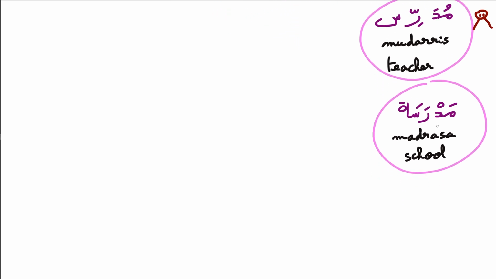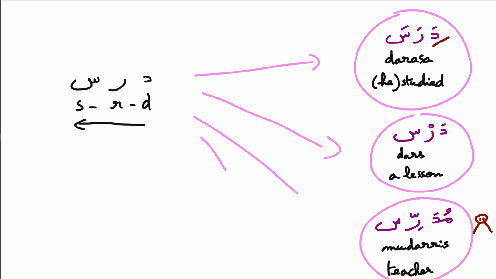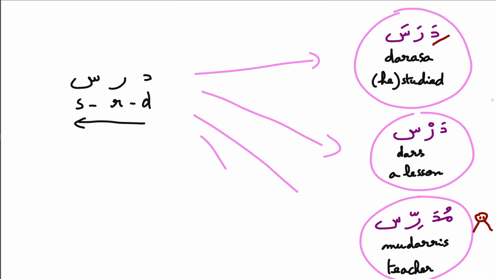Then we have madrasa, which is school. Okay, so with time, you will memorize a lot of words. But this is the pretty basics. So just remember how root words works.